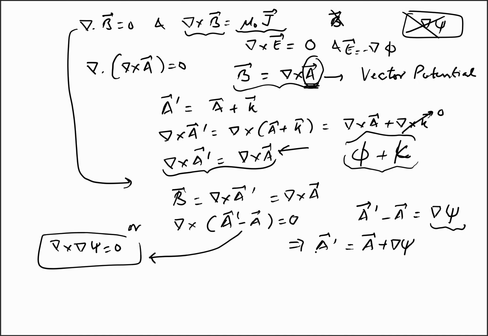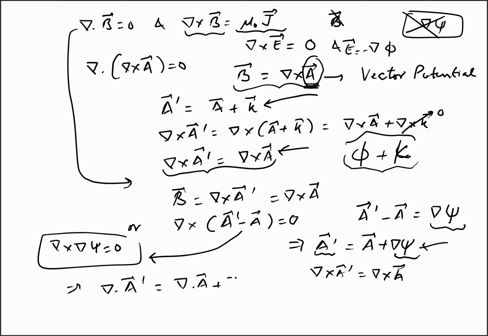So you see that this A prime still has more freedom. In addition to that, we can add some constant vector. Here we can make this psi any value, so that we always get del cross A prime equal to del cross A. Or you can see that del dot A prime is equal to del dot A plus del dot del psi, or we can write del dot A prime is equal to del dot A plus del square psi.